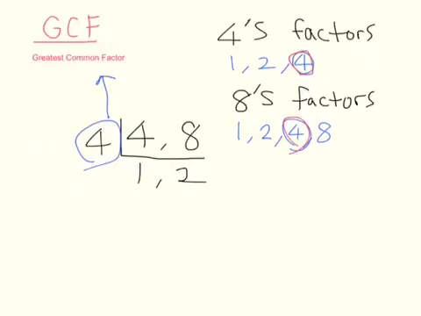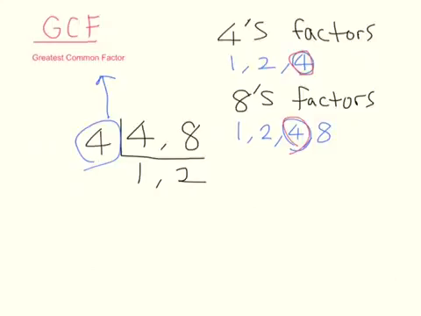What you have to do is put the 2 numbers you chose, 4 and 8 in this case. So 4 and 8, it doesn't matter what order you do. And let's just make this clear. 4 times 1 is 4. 4 times 2 is 8.